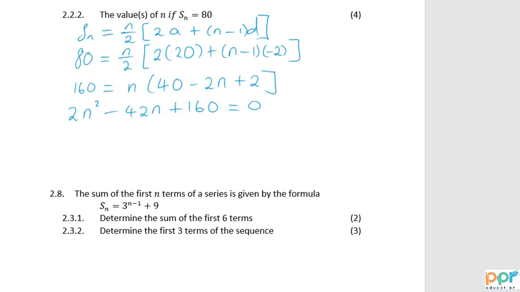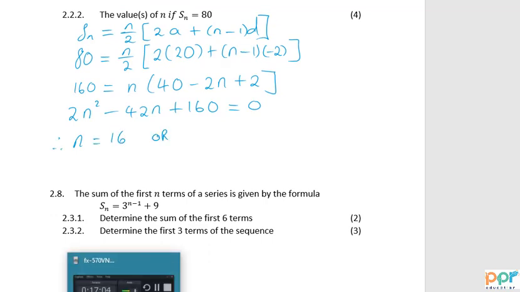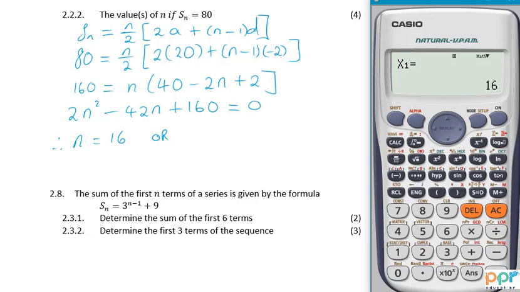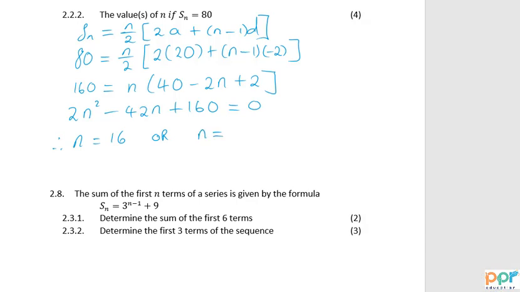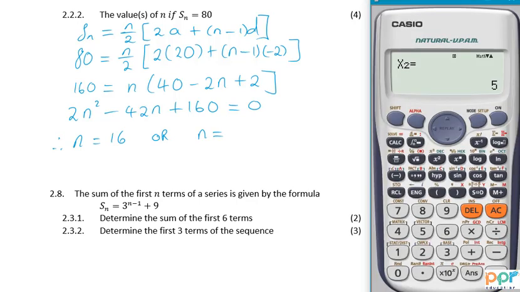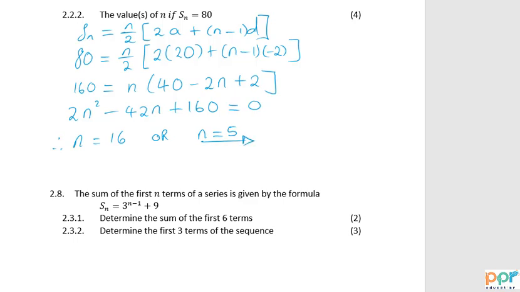The first value x, which will be n, equals 16, or n equals 5. Both must be positive. Then you get all the numbers. Later they were saying determine the value or the values of n, so you must receive 2 values of n.